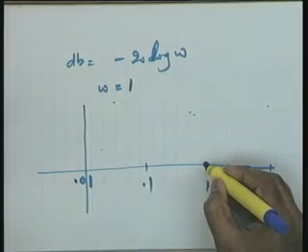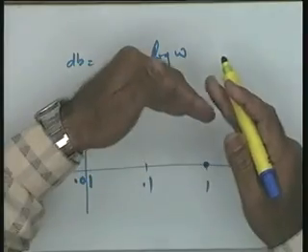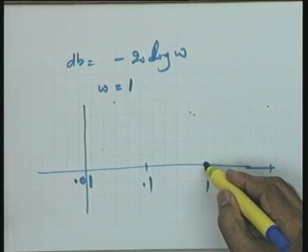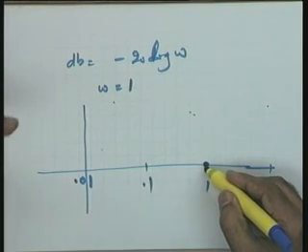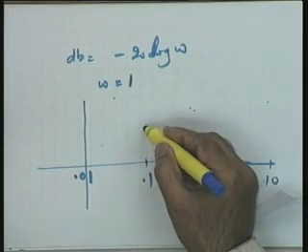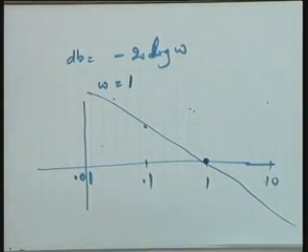And since you have to draw the line passing through this point, why make it pass through the origin and then take parallel? You can straight away draw a line which passes through this point and has a slope of minus 20 dBs per decade. You will go to 0.1 and take it plus 20 here and let it pass through here. Okay? You will go to 0.1 and let it pass through here.